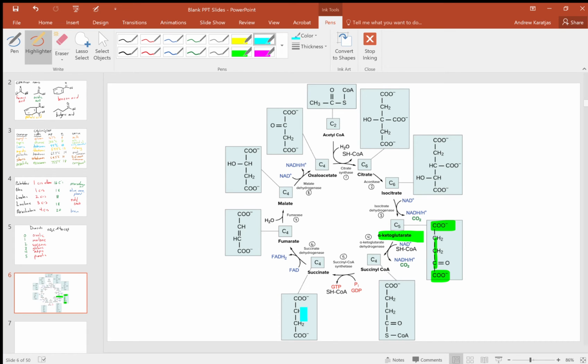A couple carbons later, you can see we have not just a derivative of succinic acid, but succinate itself, which is just succinic acid that's lost its 2 protons. And in fact, throughout the entire Krebs cycle, pretty much every compound is a derivative of either succinic acid or glutaric acid. So a lot of these diacids play some very, very important biological roles.